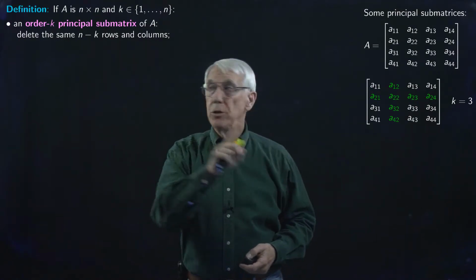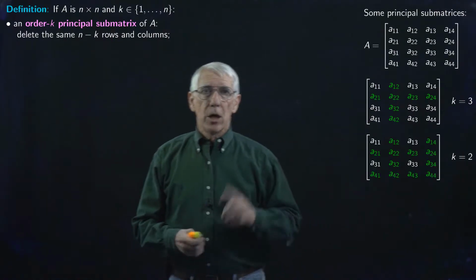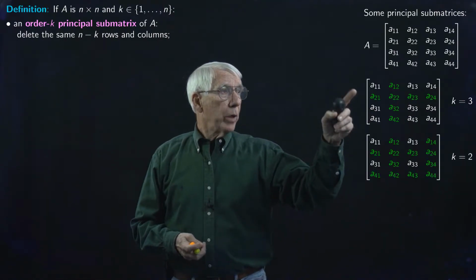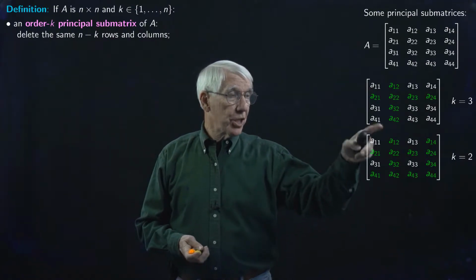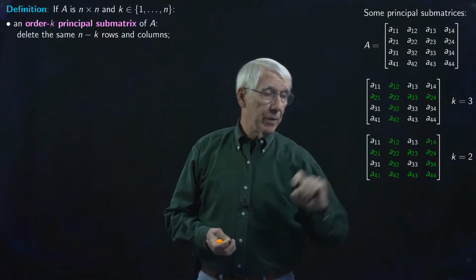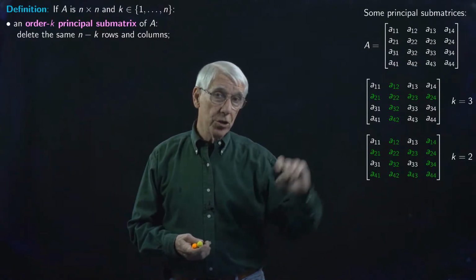And now our definition says that we have to be able to do that for deleting any number of rows and columns. So now we're looking at a principal submatrix of the original matrix A, in which I have deleted 2 rows and 2 columns.